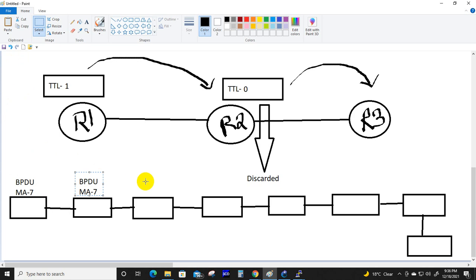When this switch forwards this BPDU to its directly connected switch, it makes the message age 6.